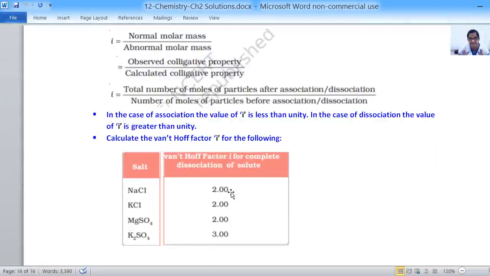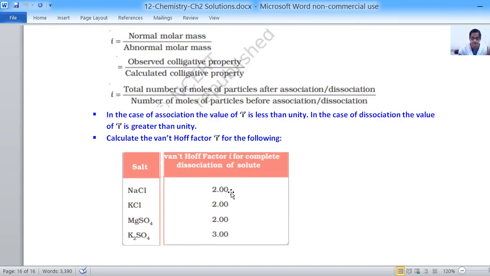Here you should see only the number of ions formed. Don't see the charge above the ions. Magnesium splits as Mg2+, which is the charge on it, and SO4 2-. How many ions did we get? Mg as well as SO4. So what is the Van Hoff factor i for that?